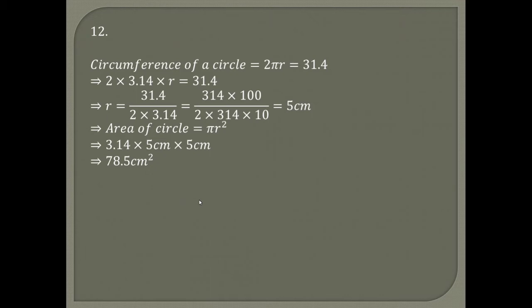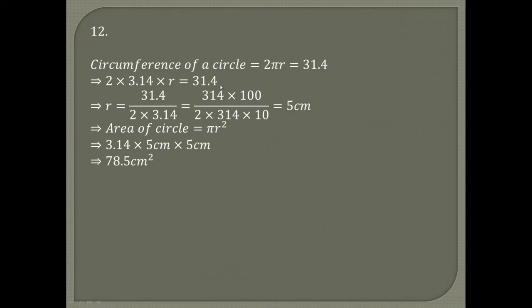So we have the circumference of a circle. From there, we have to find out the radius. Radius is not given, but circumference is given here. Then circumference of a circle is equal to 2 pi r equal to 31.4. Means instead of pi, we put 3.14, 2 into 3.14 into r equal to 31.4.